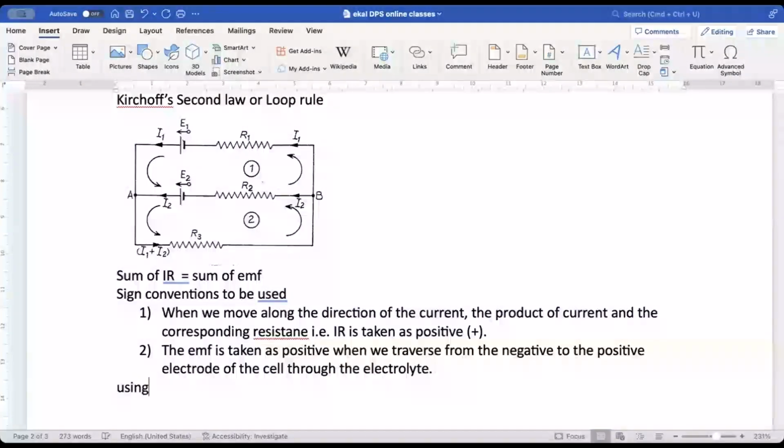So we have at A using Kirchhoff's first law.